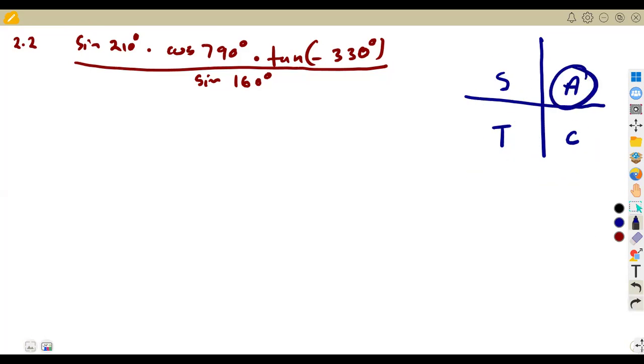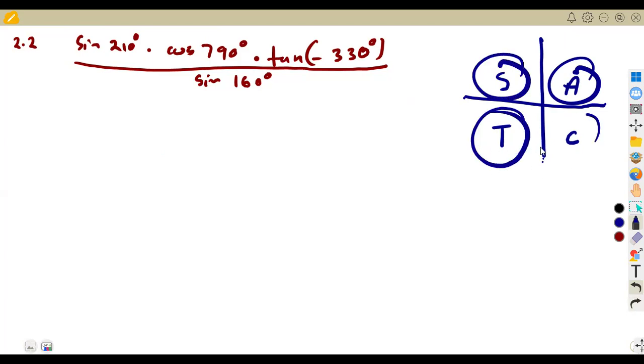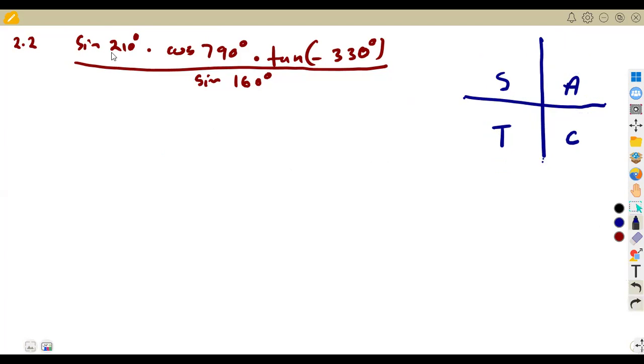We know that the first quadrant is from 0 to 90, 90 to 180 in the second, 180 to 270 in the third, 270 to 360. All of the ratios are positive in the first, in the second only sine, in the third only tan, in the fourth only cos. So we must know where the angle lies.